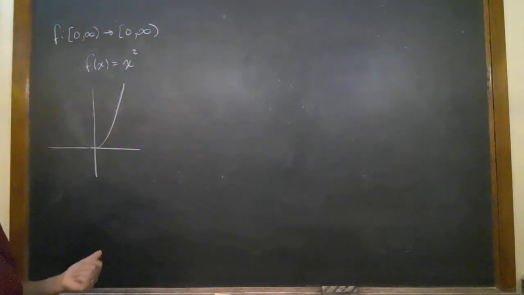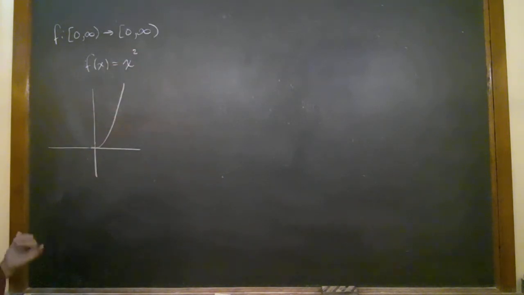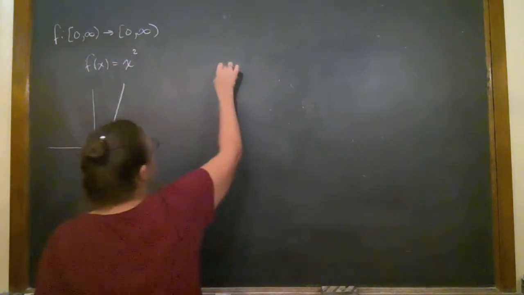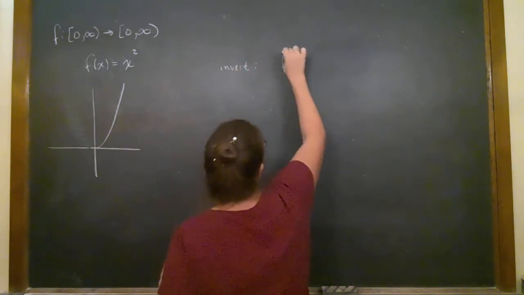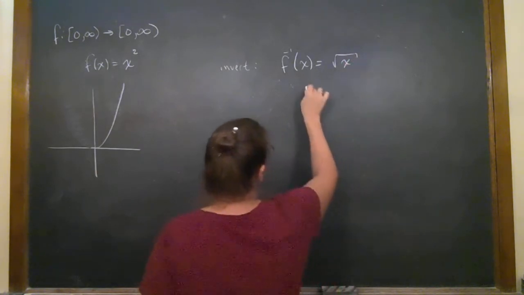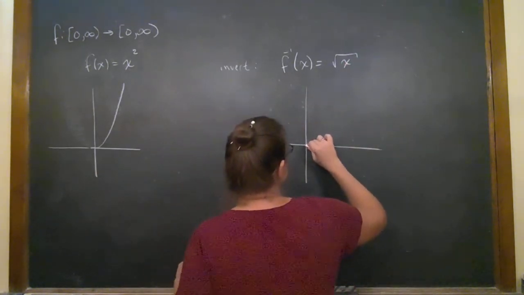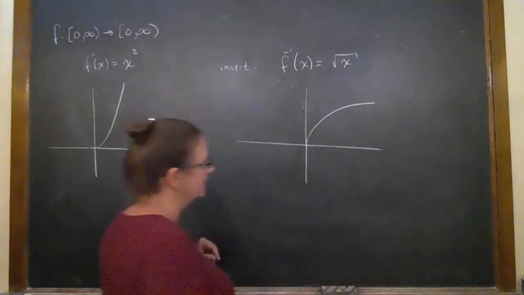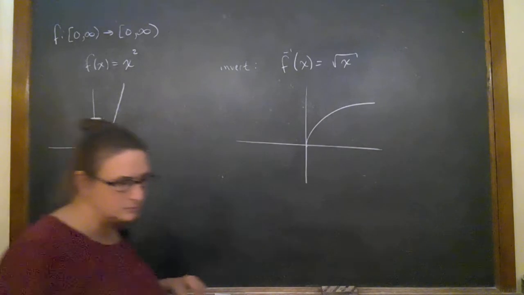Now it's one-to-one and onto, right? Because I was 0 to infinity. And then I can invert it, right? F inverse is going to be the square root. And as you can see, it looks like that.